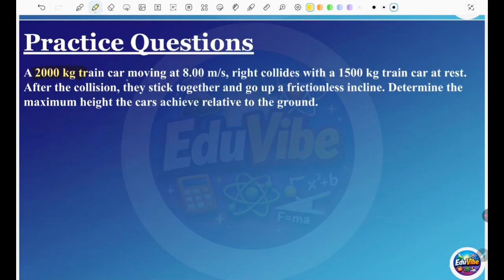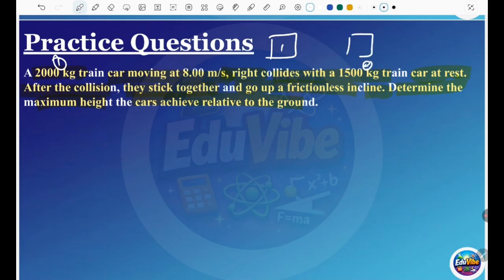The question says a 2000 kg train car moving at 8.0 meters per second collides with a 1500 kg train car at rest. After the collision, they stick together and go up a frictionless incline. Determine the maximum speed the cars achieved related to the ground. What's going on? Here we have one cart, the 2000 kg cart, and a second, which is 1500 kg.